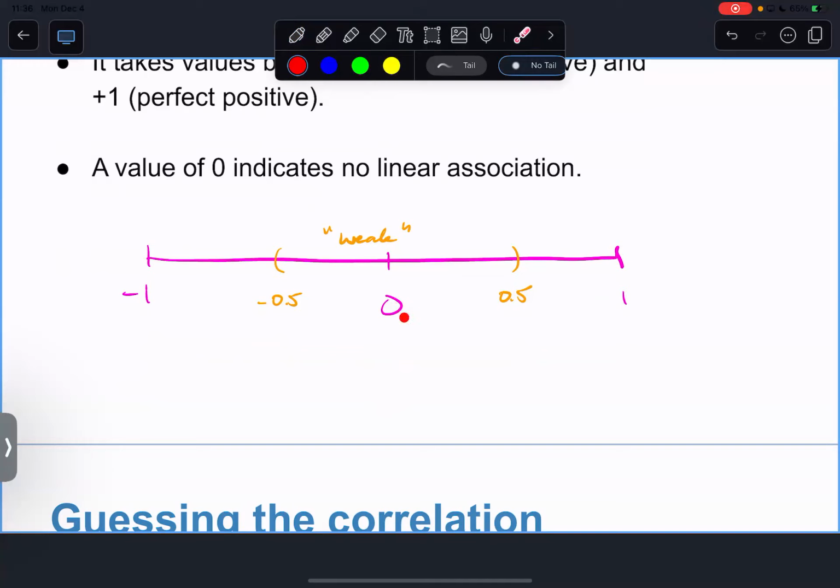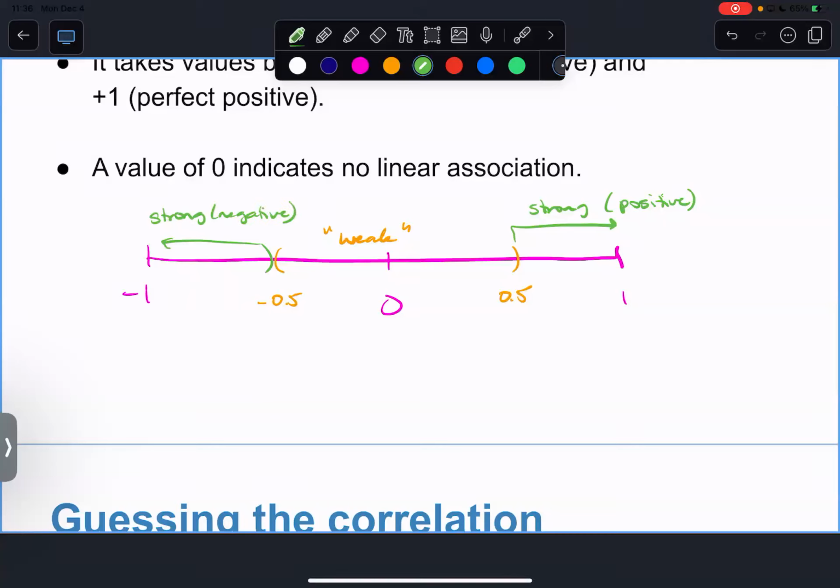It's just a cloud, and you can put your line anywhere and it doesn't matter. You're not going to be able to get any predictions. Whereas here, this is strong and positive because it's a positive value, and here, this would be a strong negative relationship. The strength is really just how close those points are together.